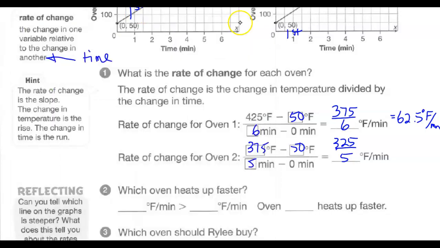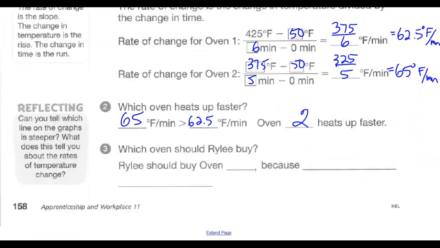And that's 65. So they're very close, but as I predicted, the second one is faster. The 65 degrees Fahrenheit per minute is greater than 62.5. So oven 2 heats up faster. So Riley should buy oven 2 because it heats up faster.